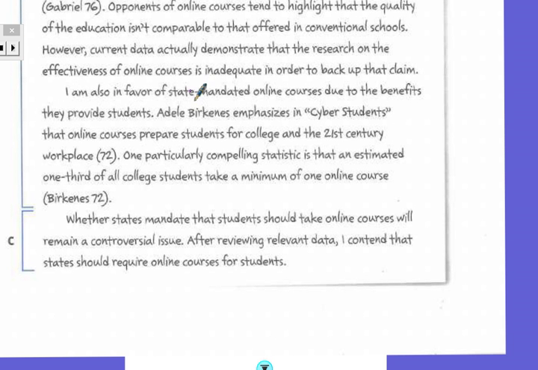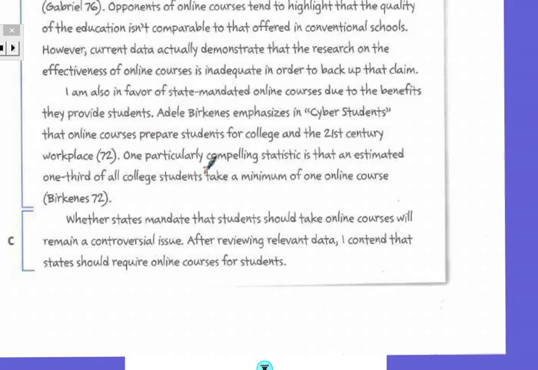I am also in favor of state-mandated online courses due to the benefits they provide students. Adele Birkeness emphasizes in "Cyber Students" that online courses prepare students for college and the 21st century workplace.